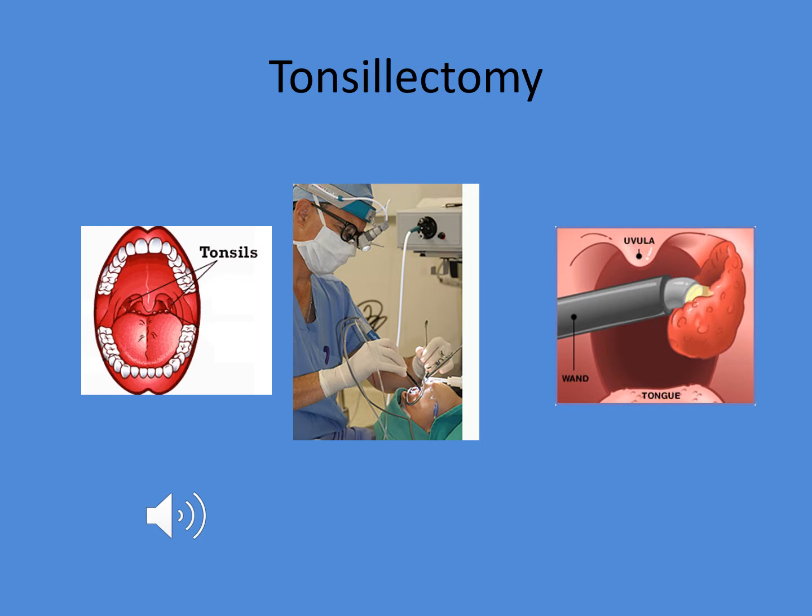So when we talk about post-op care for a tonsillectomy, in the immediate post-op period, when we talk about positioning, we want to place them in a position to facilitate drainage if they would bleed, or just their mucus and saliva, because maybe they're not fully awake and aren't swallowing, or their swallowing capability is certainly decreased.